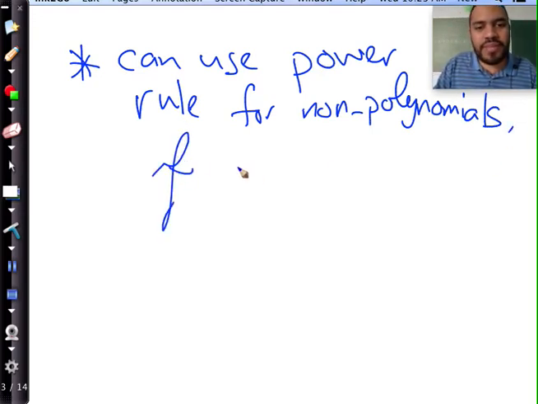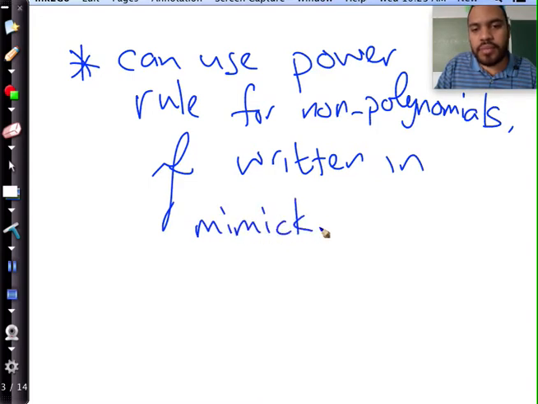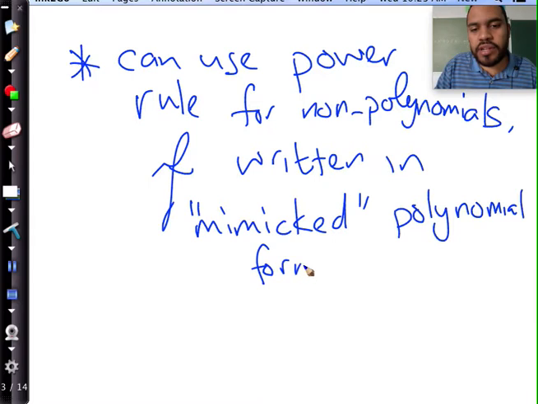If, and this is something I made up, it is written in mimicked polynomial form. So in other words, what I'm trying to say here is the power rule is strictly for polynomials, but sometimes you get a function that is not a polynomial, but you must find its derivative. So when you find its derivative, you can also use the power rule only if you can write the function in a way that it looks like a polynomial. In other words, you mimic it.